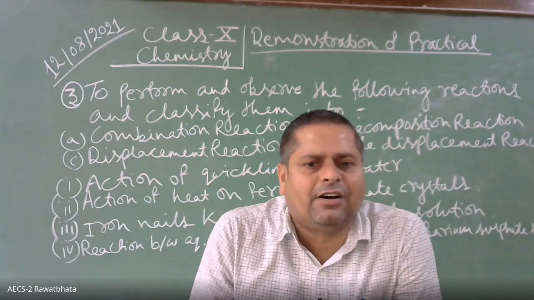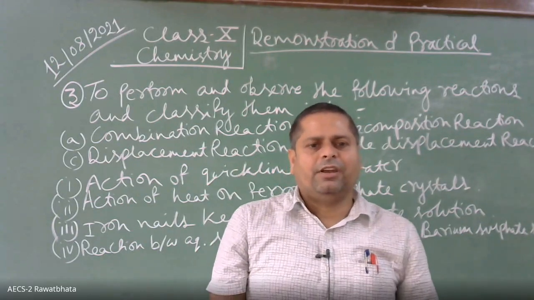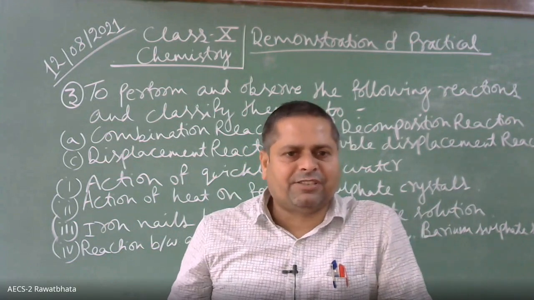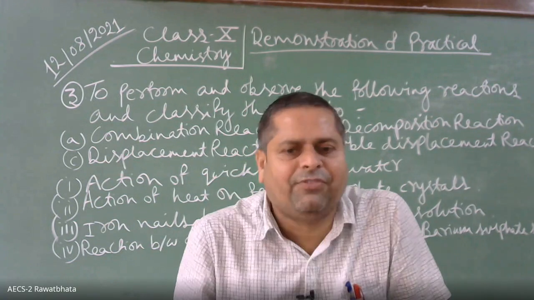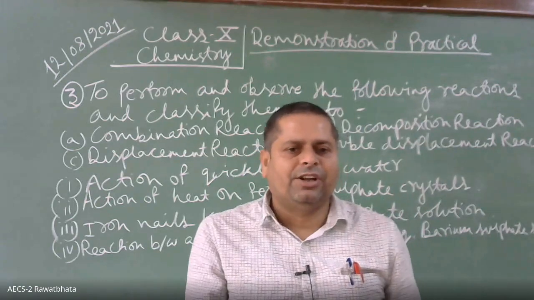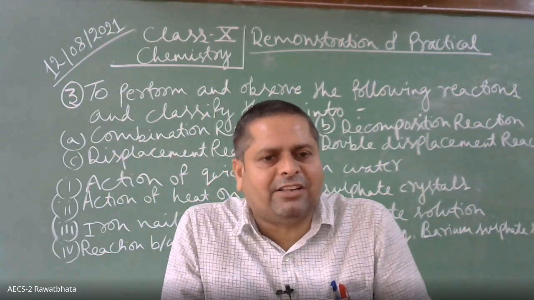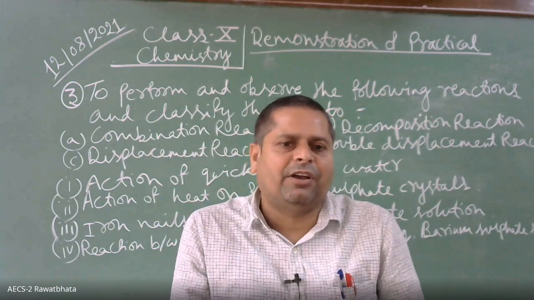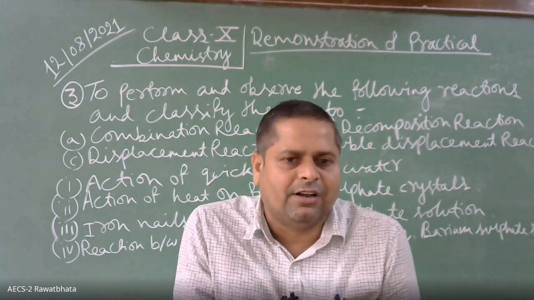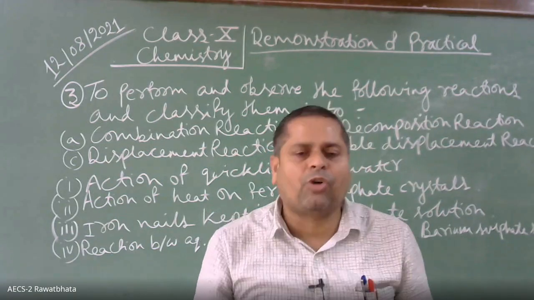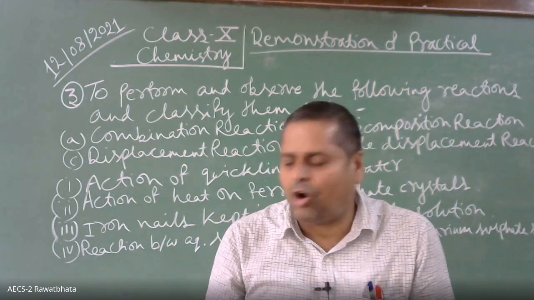Okay, now today we shall demonstrate the third practical. It is based on the types of chemical reactions. We have studied different types of chemical reactions in theory classes. Today we shall try to identify the type of chemical reactions by performing certain chemical reactions. For example, first is combination reaction.